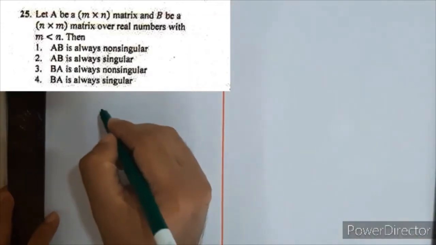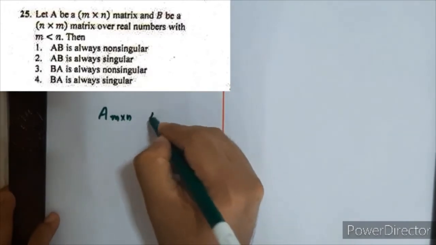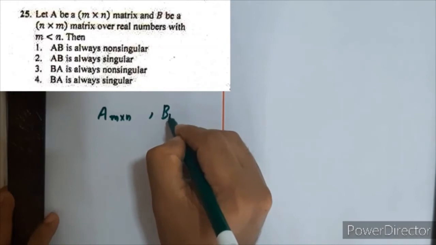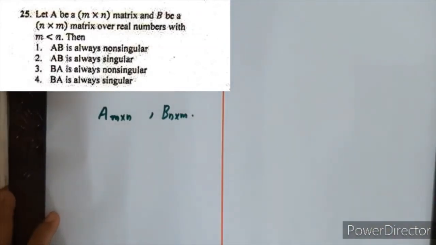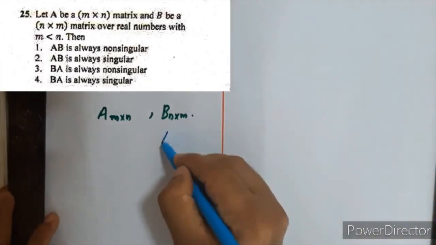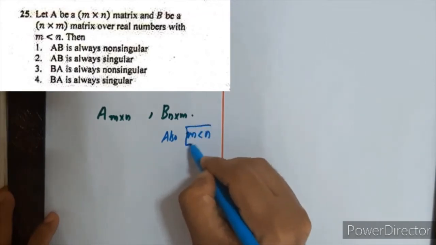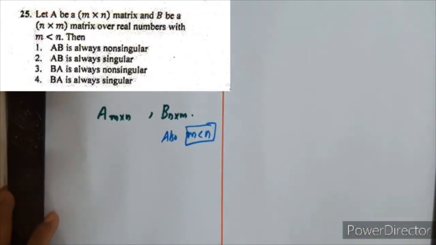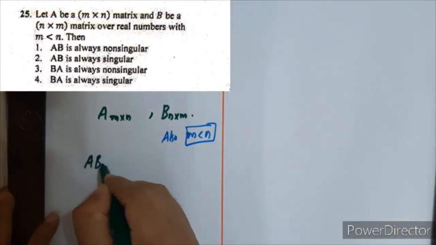So first, what is given? A is an m by n matrix and B is an n by m matrix. And also given, m is less than n. This is very important. Now what about AB?